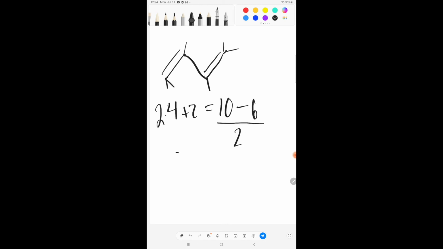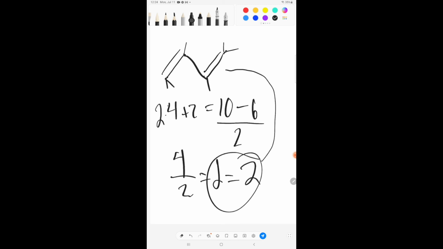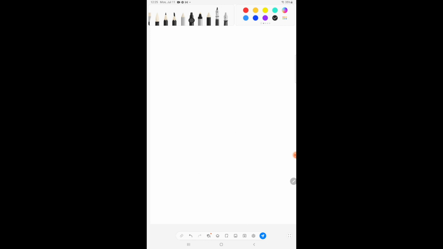So 10 minus 6 is 4, divided by 2 is D, which is equal to 2. So we have degrees of unsaturation of 2. Degrees of unsaturation of 2 indicates the presence of 2 pi bonds. Okay? And it's 2, right? Because it's more unsaturated. We have less hydrogens with the introduction of all these pi bonds, with the introduction of all of these double bonds, right? And that's it.